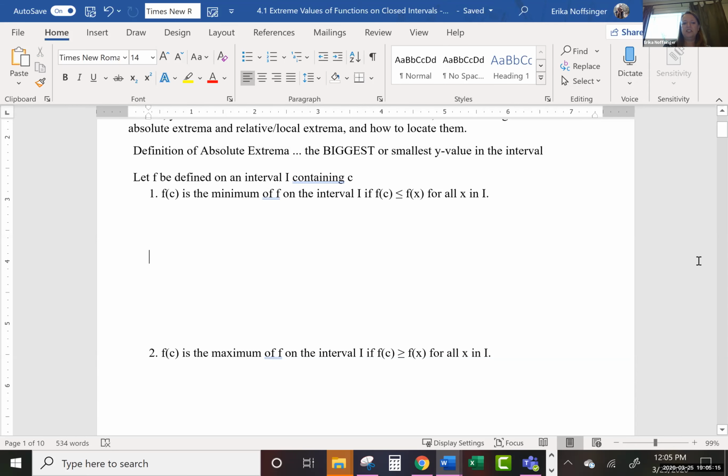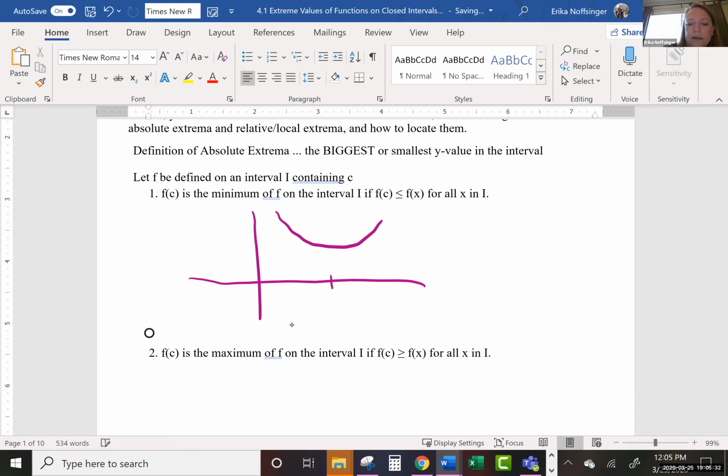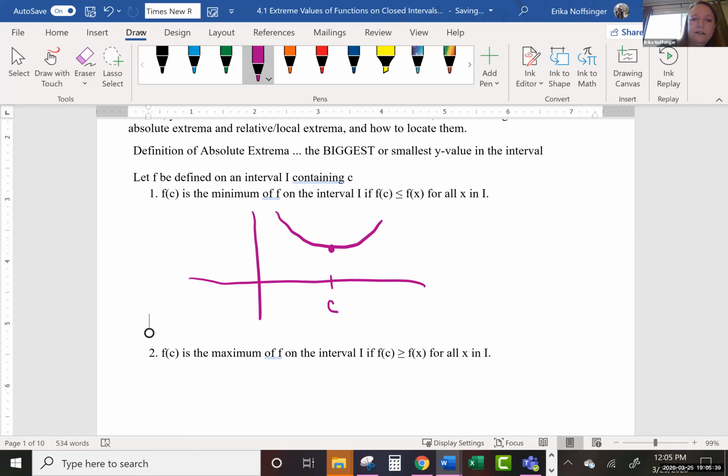Okay, so by definition, let f be defined on an interval that contains c, and f of c is the minimum of f on the interval. So let's just draw a graph real quick. Let's say we have something like this. We have some c value here, and we know that f of c is our y value.